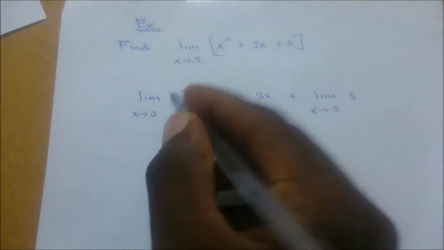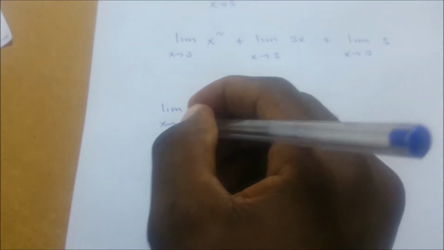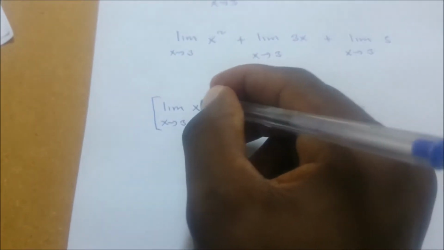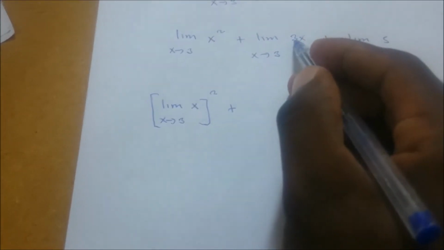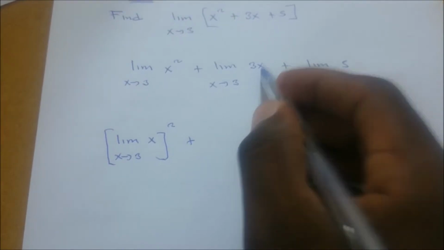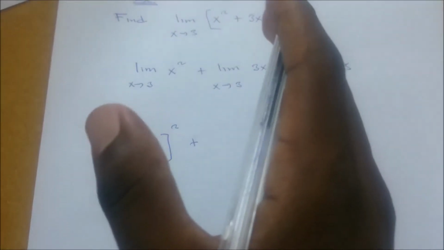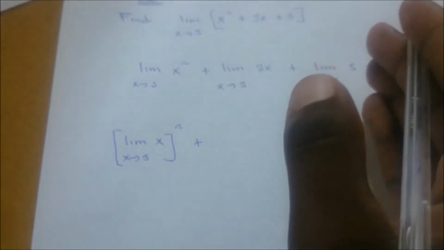So now this one will be the limit of which function? x, as x is approaching what? 3, everything to the power 2 plus... if we've got a constant times a function, what do we do? We remove the constant, then we say the limit of that function. Constant times the limit of that function.